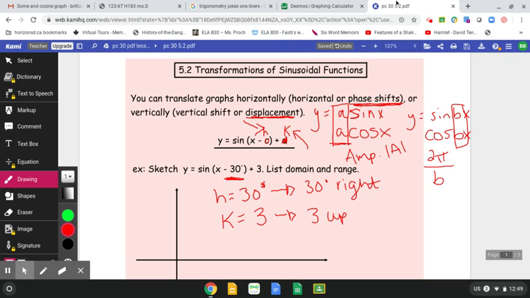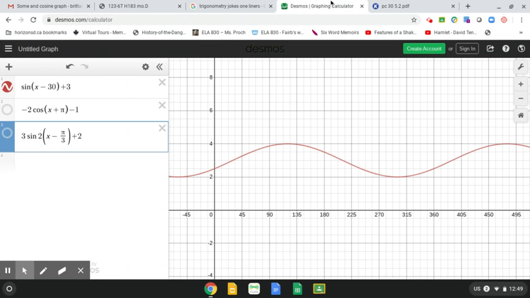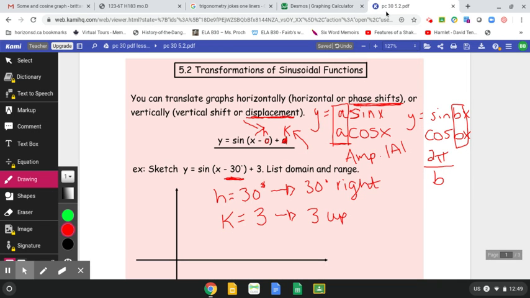I already put this in Desmos and graphed it for you. Now let's look at domain and range. Domain is always x an element of all real numbers, so we'll write that: domain x such that x is an element of the real numbers.